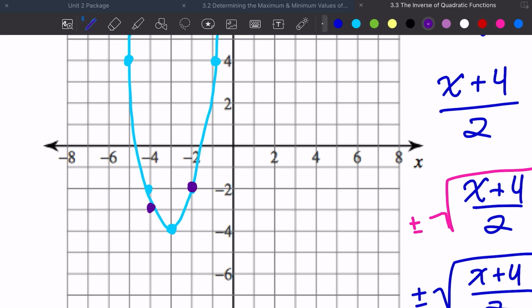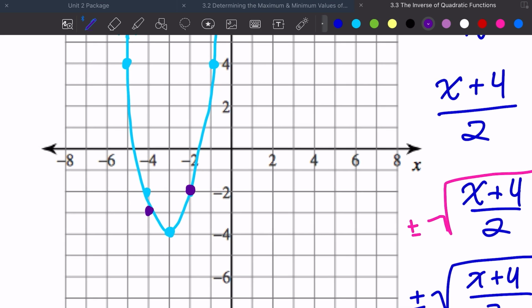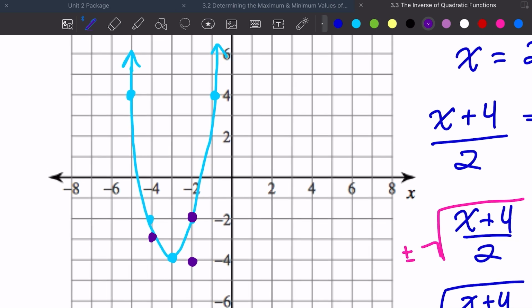That flipped is just still -2, -2. -4, -3 becomes -3... whoop, where's my second point? -4, -2, sorry, becomes -2, -4. And then my top one's up here. -1, 4 becomes 4, -1. And -5, 4 becomes 4, -5. All right, so I'm just flipping.